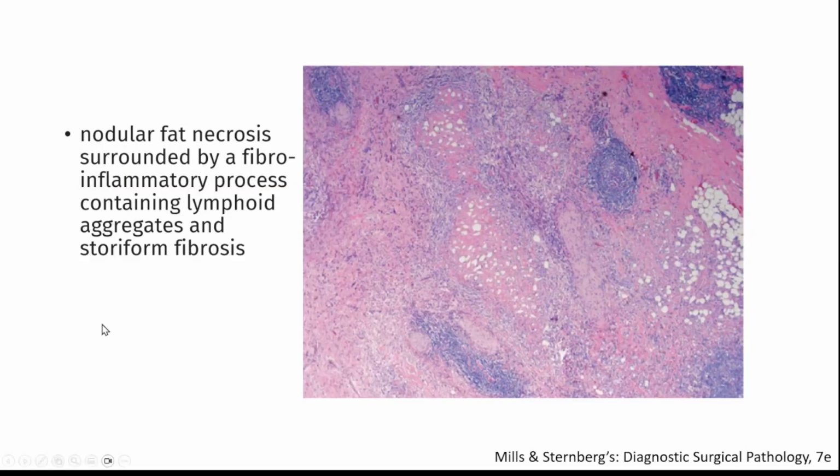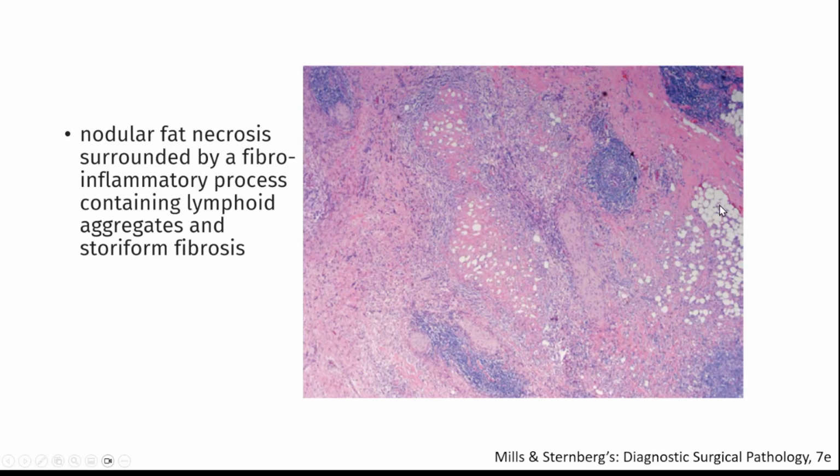For the histology findings, I think we just need to remember 3 things. We have this fibrotic tissue, and even at low power we can see this unhealthy fat.